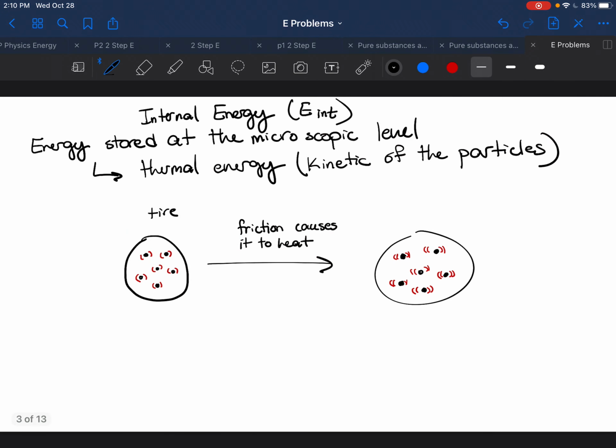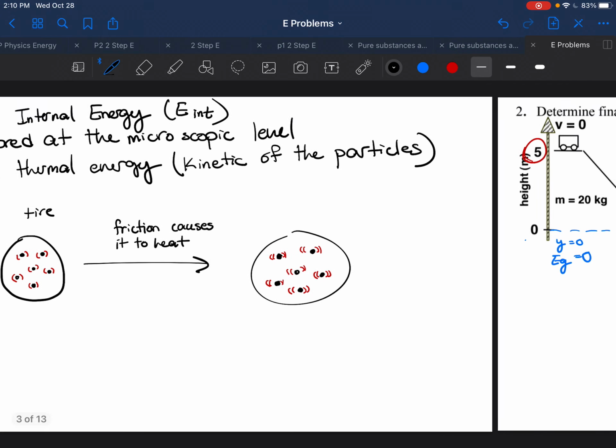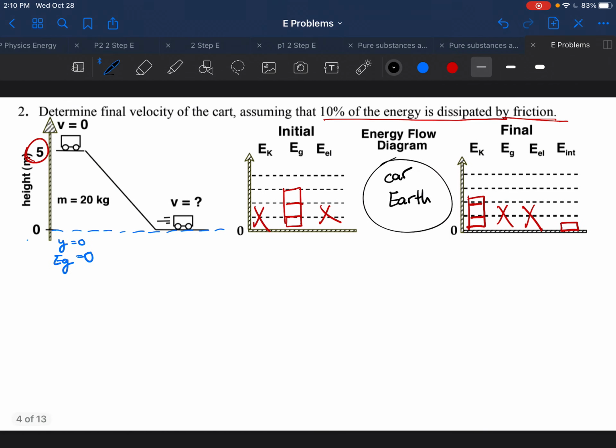Now, we won't really deal with anything very in-depth in particle motion, as that's up to AP Chem. However, in cases like this, you should be able to do a problem where you have to figure out that my final energy is only 90% of what I started with.